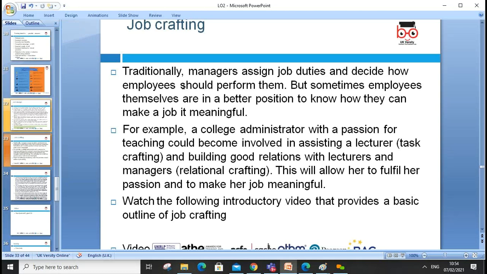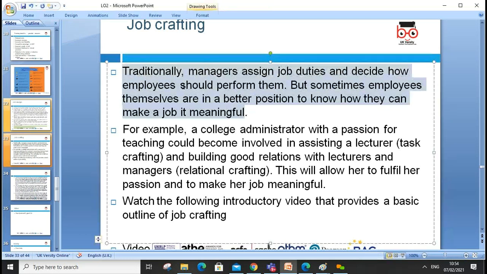Okay, then next we have a term, job crafting. Traditionally managers assign the job duties and decide how the employee should perform, but sometimes employees themselves are in a better position to know how they can make the job meaningful. So they can craft, they can write the job themselves: what shift they work, how they design it, what the layout will be. For example, a college administrator with a passion for teaching could become involved as an assistant lecturer in task crafting and build good relationships with the lecturer and the manager.